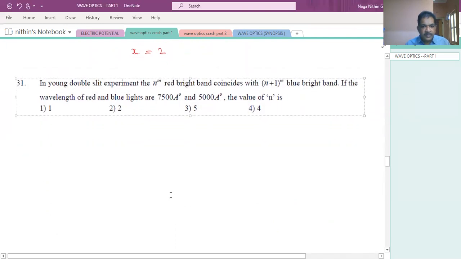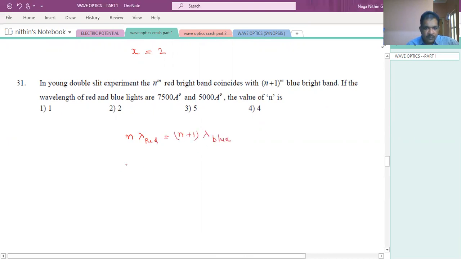In Young's double slit experiment, the nth red band coincides with the n plus 1th blue band. Wavelengths of red and blue colors are given. Means here what we can write here: n into lambda red is equal to n plus 1 into lambda blue.